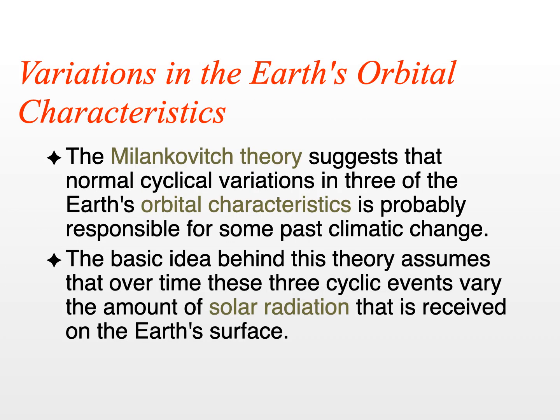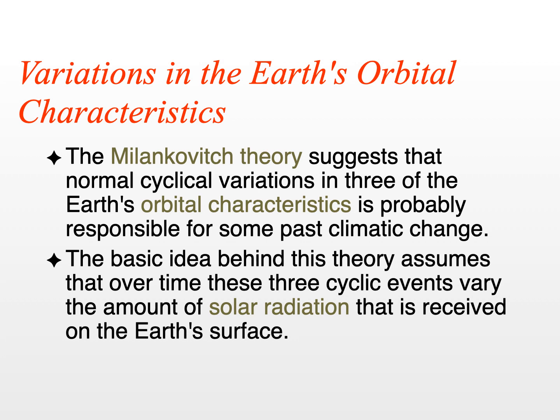So let's begin with variations in Earth's orbital characteristics. As I said, this was studied by Milan Milankovitch, a Serbian mathematician, in the beginning of the 20th century. His theory suggests that normal cyclical variations in 3 of the Earth's orbital characteristics with the Sun are probably responsible for some past climate change.